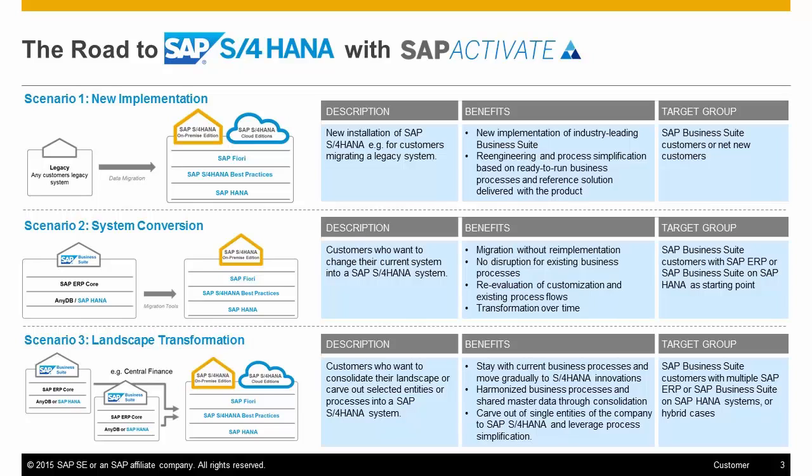In this scenario, you might have more complex requirements. You may want to use SAP S/4HANA as your central finance system, or move selected applications to SAP S/4HANA. Or you might want to simplify your system landscape by consolidating multiple business units into one new SAP S/4HANA instance. Let's have a closer look into these three scenarios.